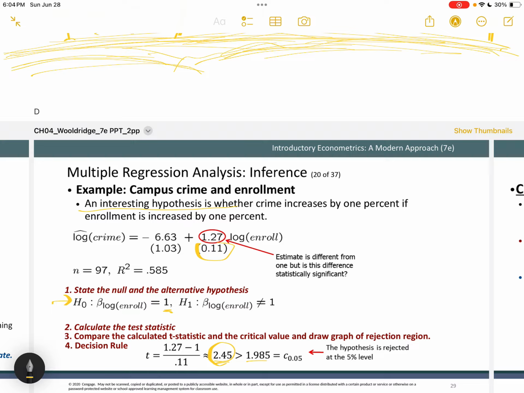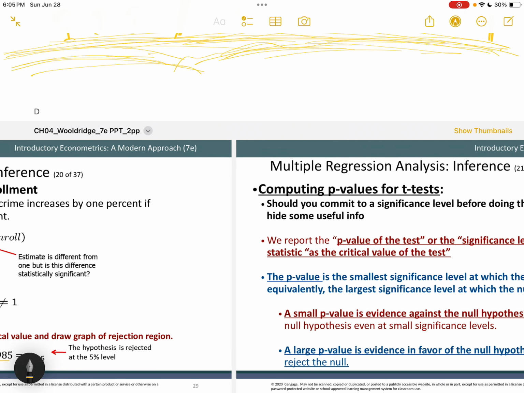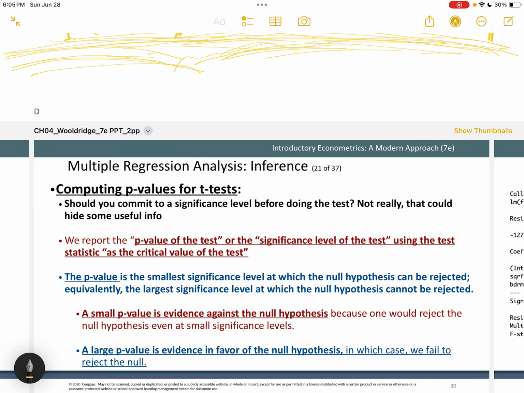Okay. And so we compare our calculated t statistic 2.45 to 1.985, and we see that it's larger. So if you are to draw this up, and I encourage you to pause the video and do that drawing on your own, you'll find out that we do reject the null hypothesis here.